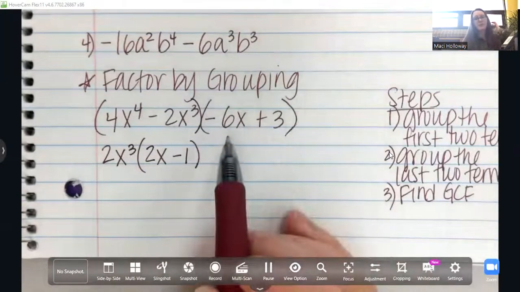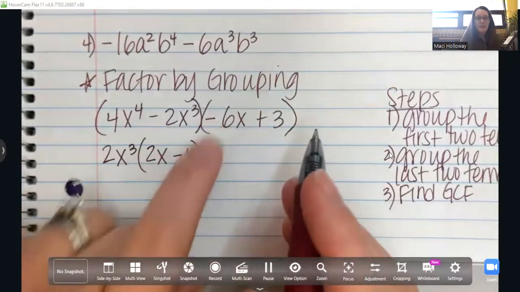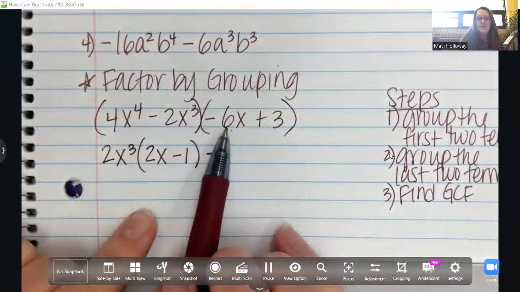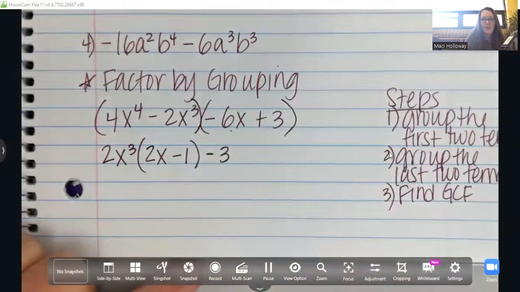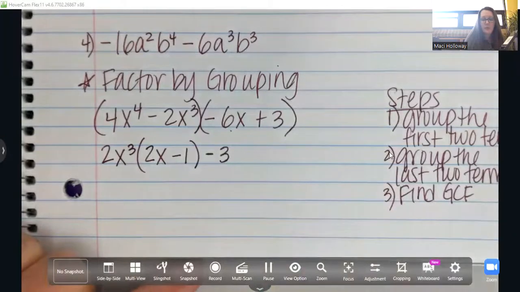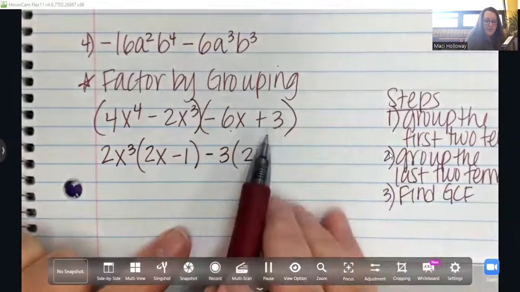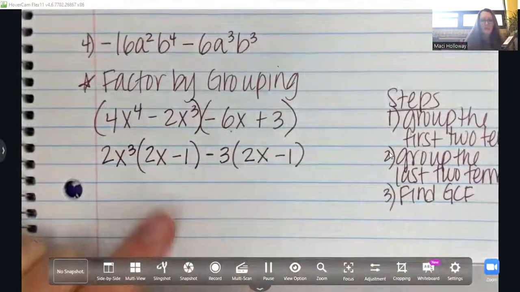All right, let's look at my next 2 terms. Now, here's the trick. If there is a negative here, you're always going to pull that negative out. So I have a 6x and a 3. If I pull out a 3 here, because they both have a 3, that's my greatest common factor is 3. Then I have a 2x left, and if I pull out a 3, I'm going to change that sign, and a 1.